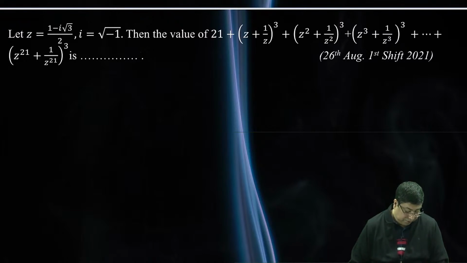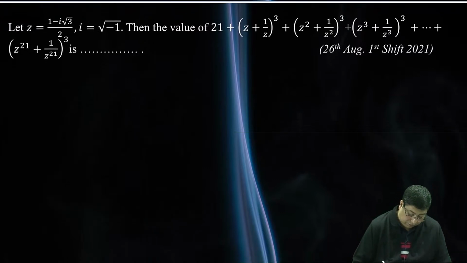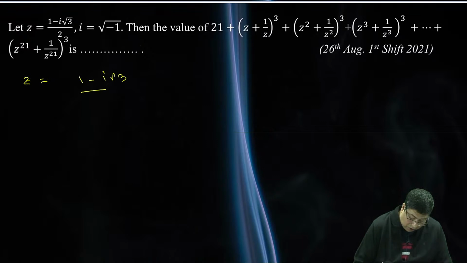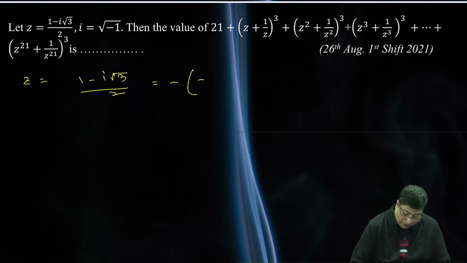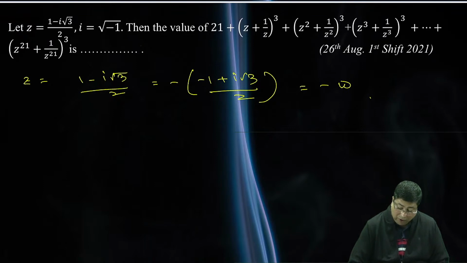So let us come to this. What will be the answer here? z equal to (1 minus i root 3) by 2. If we provide minus here, so minus of (minus 1 plus i root 3) by 2, that is coming minus omega. And we know that 1 plus omega plus omega square equals 0, where omega is the cube root of unity.